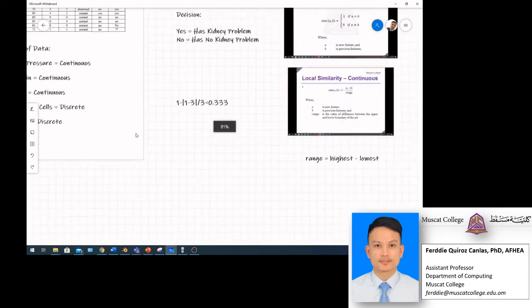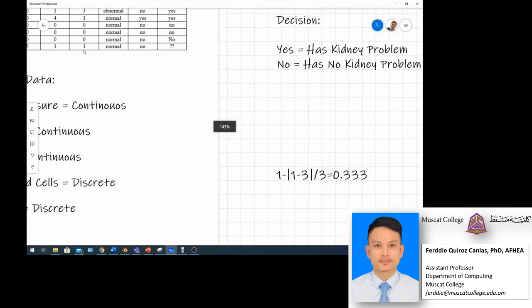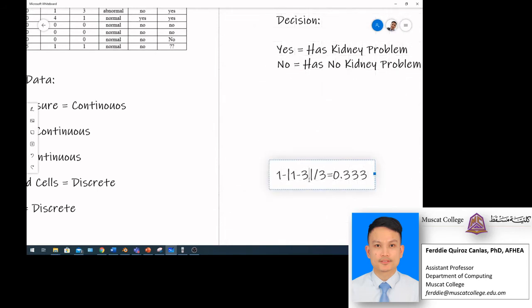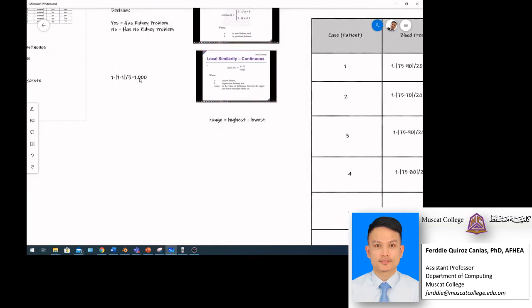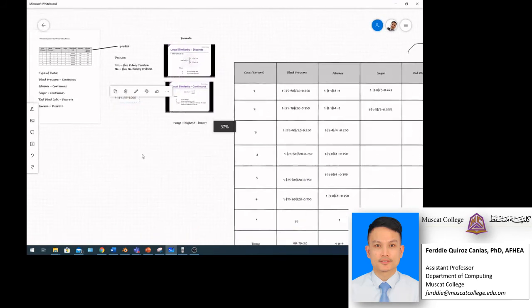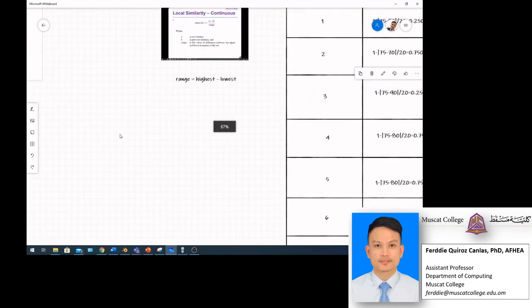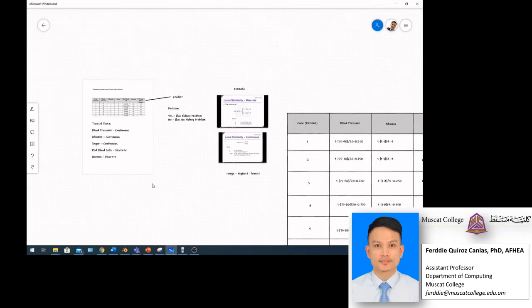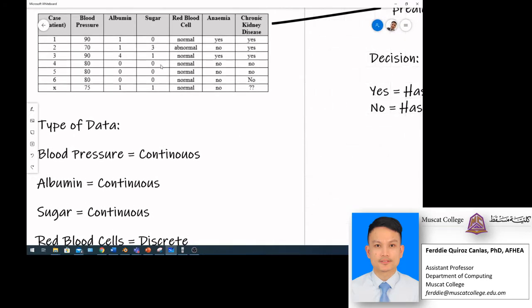Next, the next patient is 1, right? Since this is the same as the new patient, 1 and 1, this automatically becomes 1. You don't need to calculate it because they're the same. Copy this and paste it here. Now let's proceed to patient 4. 0, 0, 0, right? You're very lucky.